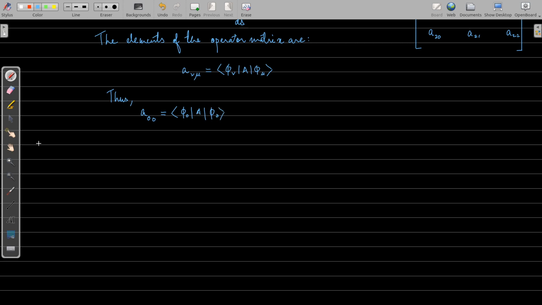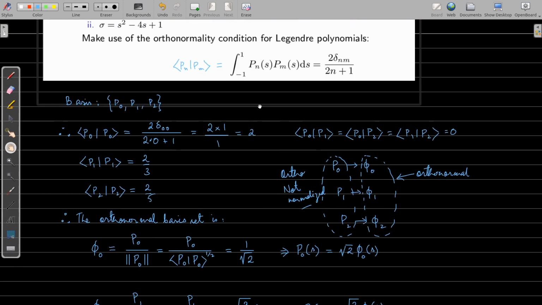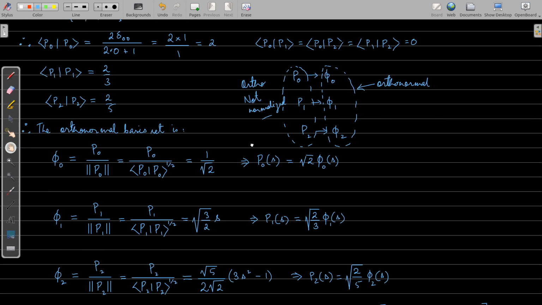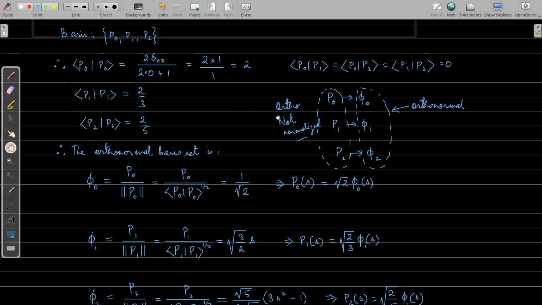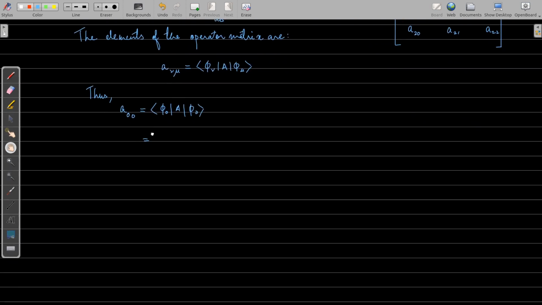This mu and nu will simply become 0. Now just apply this. What is the definition of this scalar product? The definition of the scalar product is of course the integration from -1 to +1 of the first function, followed by operator A operating on the second function.